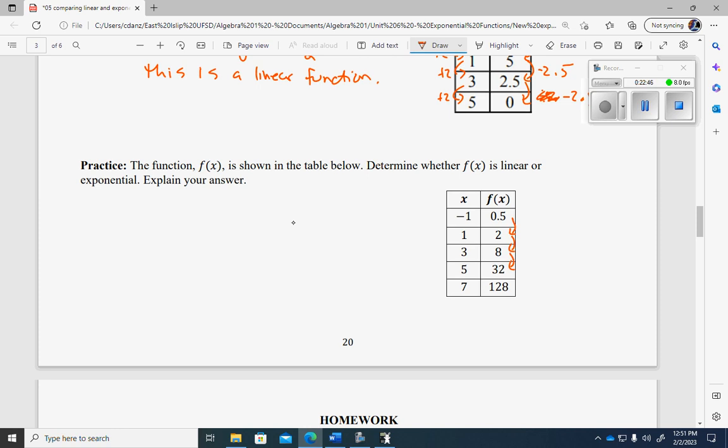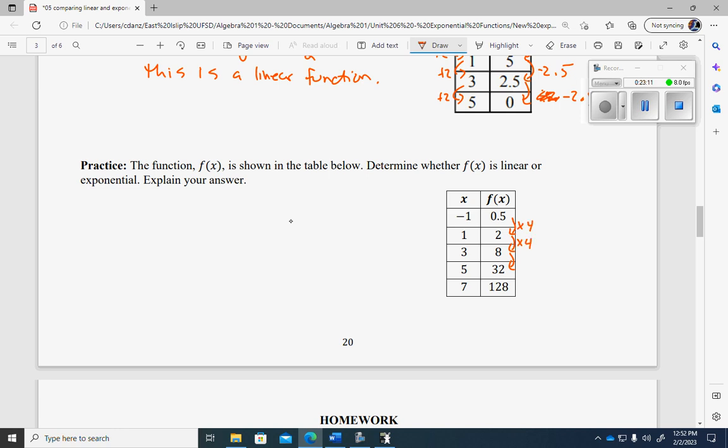You could see there's a multiplying factor. Right? We have to be careful what a multiplying factor is, though. People mess this up all of the time. It just says determine if it's exponential or linear. It doesn't tell us to write the function, but I just want to point this out. So it looks like we're multiplying by 4, right?